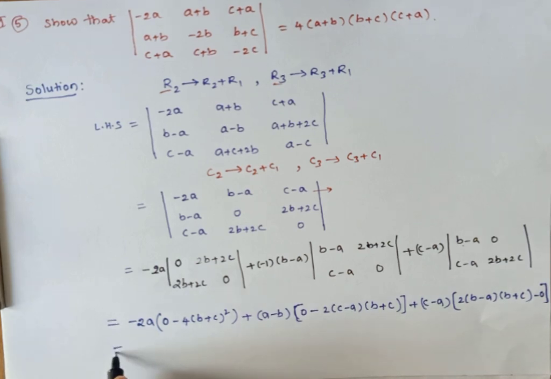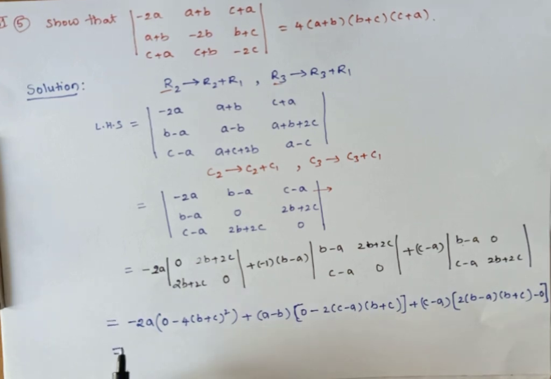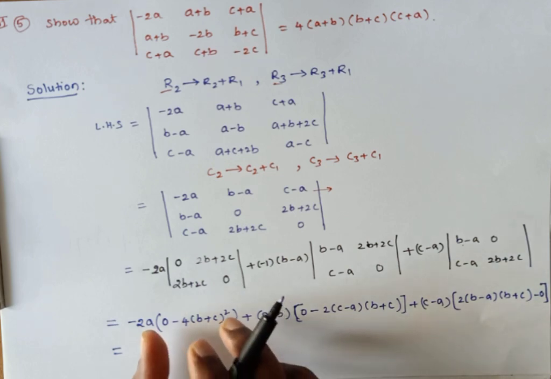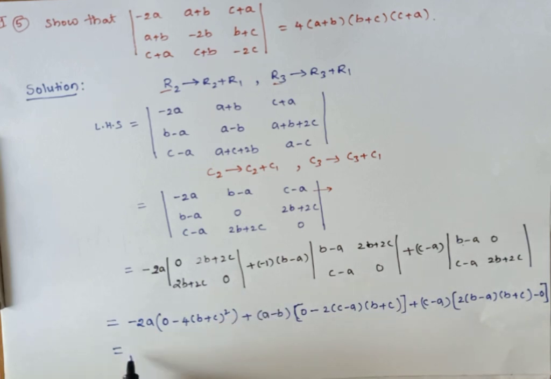Now observe all the terms. Let's write this as minus 2a into this, so it is 8a into b plus c whole square.